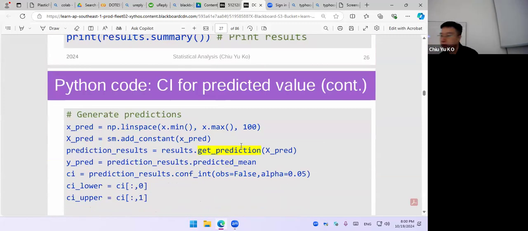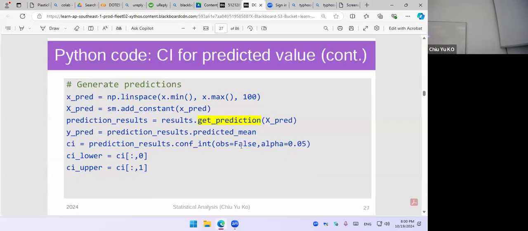The code is .get_prediction, which will give us the prediction. After that, we will call .conf_int, which will give us the result. Once we predict, we then use the confidence interval to give us what we want.